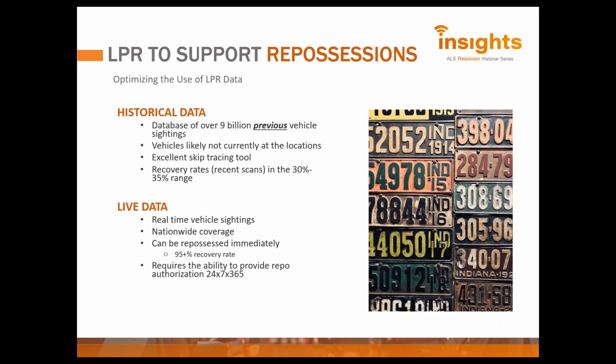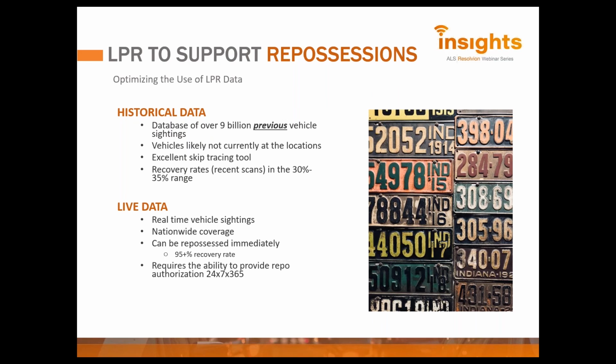Live data, though, represents real-time sightings of the vehicle. It provides real-time nationwide coverage. Those cars can be repossessed immediately because they have just been scanned. The agent is literally right behind the vehicle at that point.